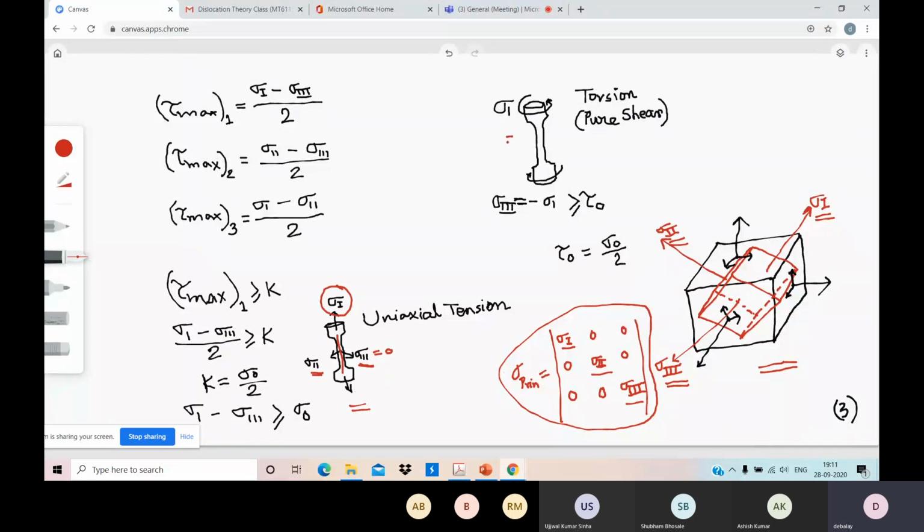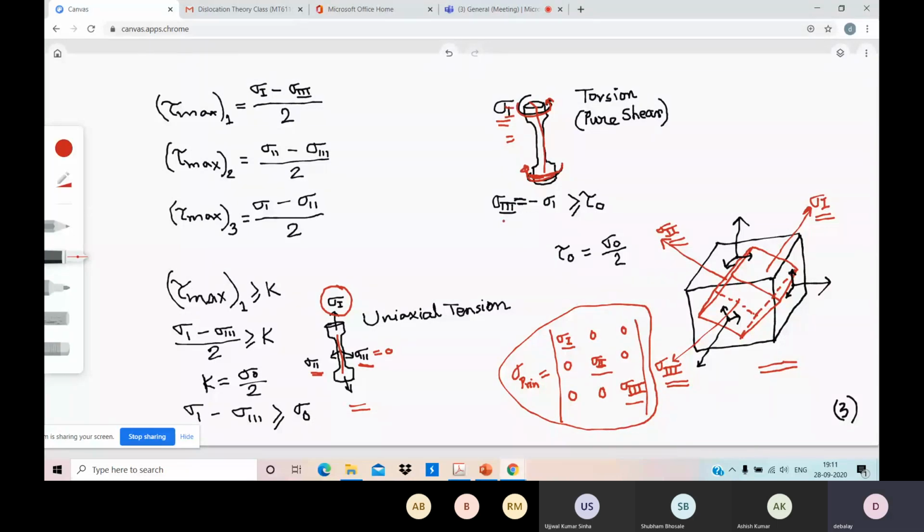Similarly, as I said, in torsion we apply a rotation. It is called pure shear loading. The entire loading is shear. So here, if I consider the radial planes, I find there are two major principal components, that is sigma Roman 1 and sigma Roman 3.